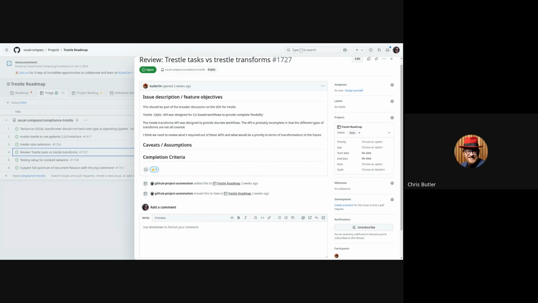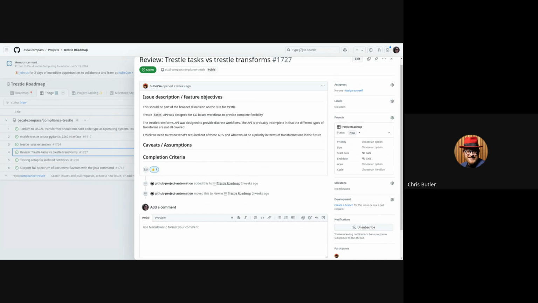Yeah, sorry, my computer's having a moment, there we go. Okay, I think this is probably backlog and pretty low down. But I was having a poke around the code while messing with the documentation, and effectively Trestle tasks allow you to do almost whatever you want.